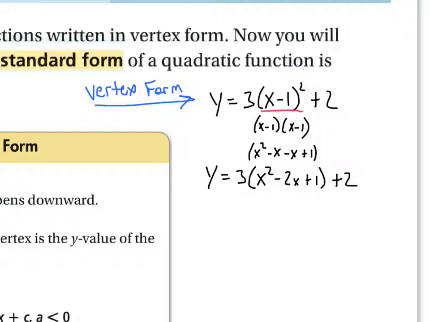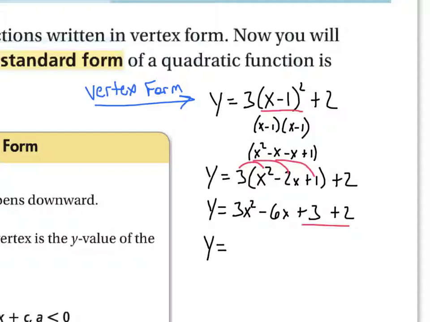Okay, so now what I need to do is distribute the 3 through that. So y equals 3x squared minus 6x plus 3 plus 2. So now our last step would be add the like terms.